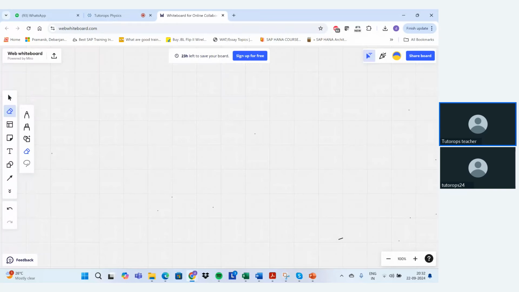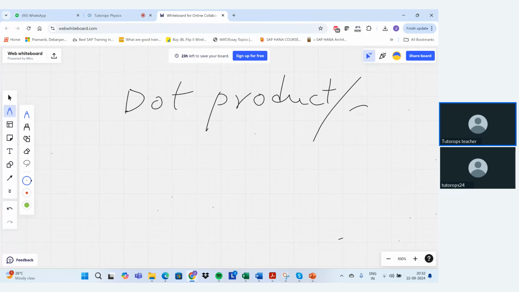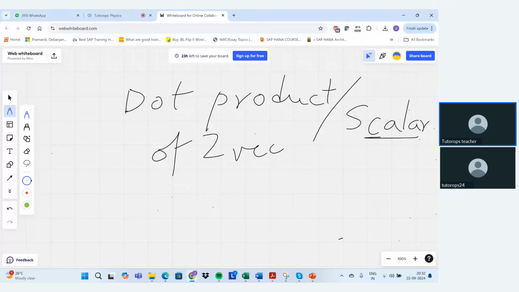Basically there are two things. One is called the dot product, or the scalar product. What does this mean? Any idea? So always, the dot product or scalar product of two vectors, okay. What do these mean?